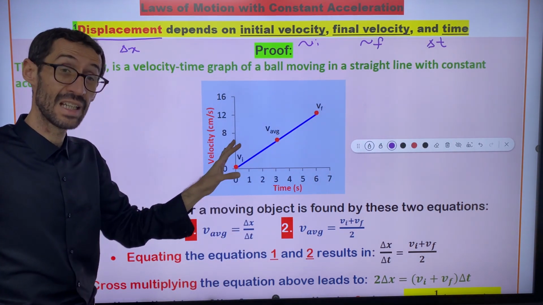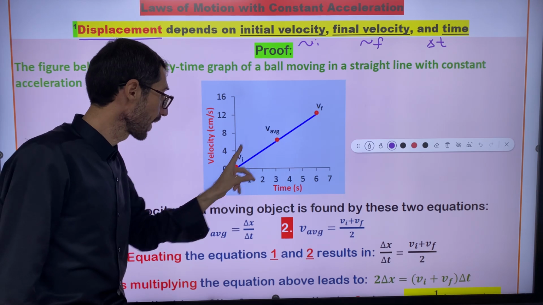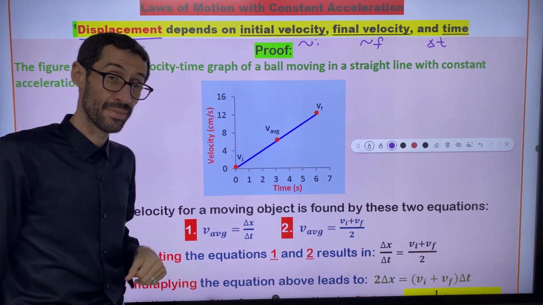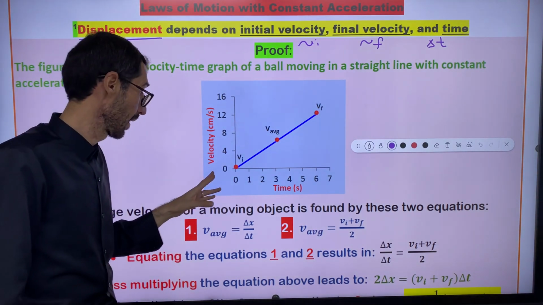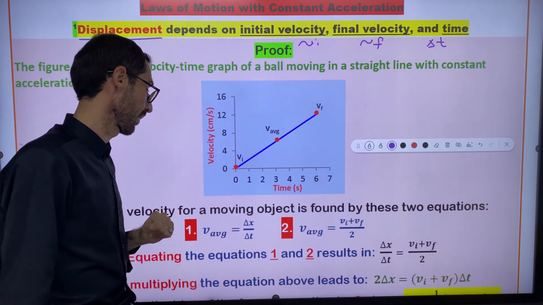This graph is dedicated to these objects, right? So we determine three different values: initial velocity, average velocity, and final velocity.